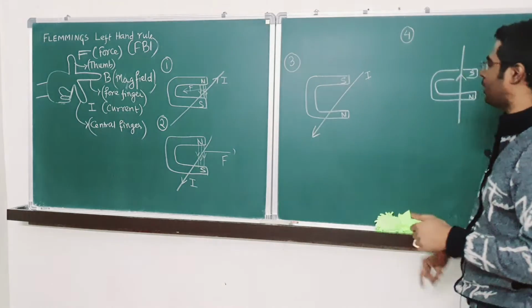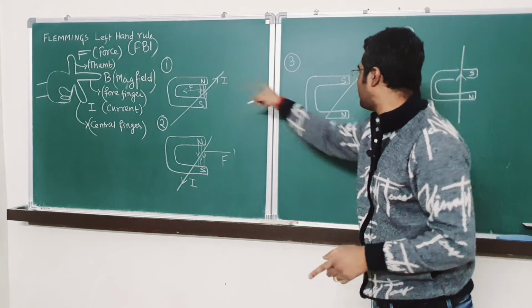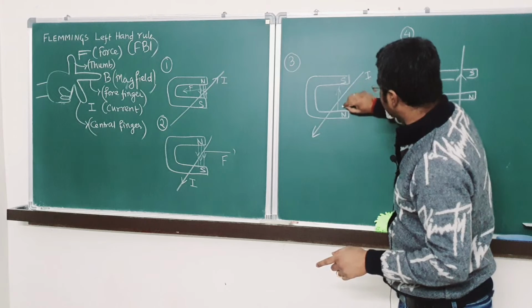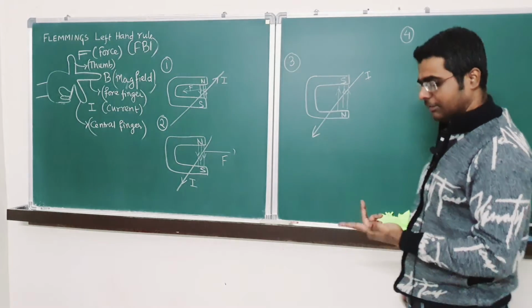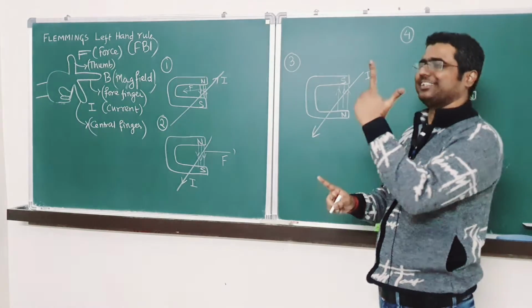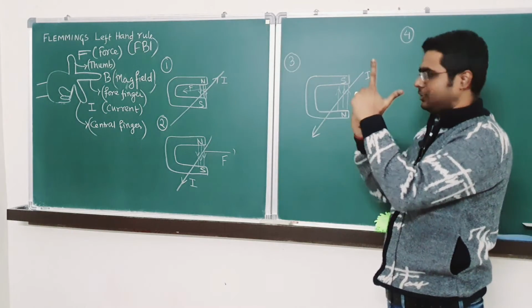Go for the next one. I not only have changed the direction of current this time from this one, I also have changed the magnetic field. So magnetic field direction is bottom to top, right? So magnetic field means the forefinger, not the middle one. The forefinger goes like this, and my current is not going on to this side.